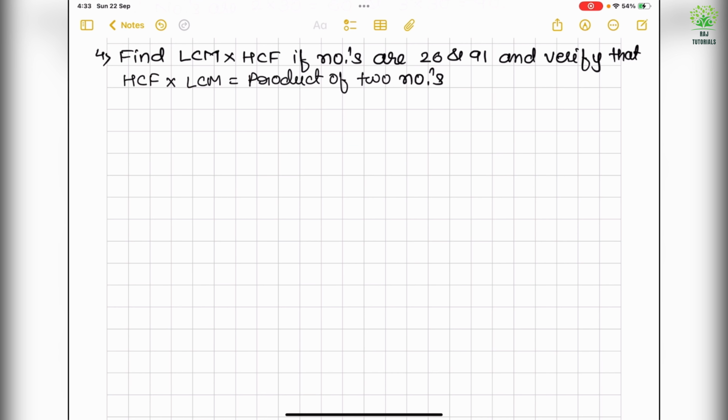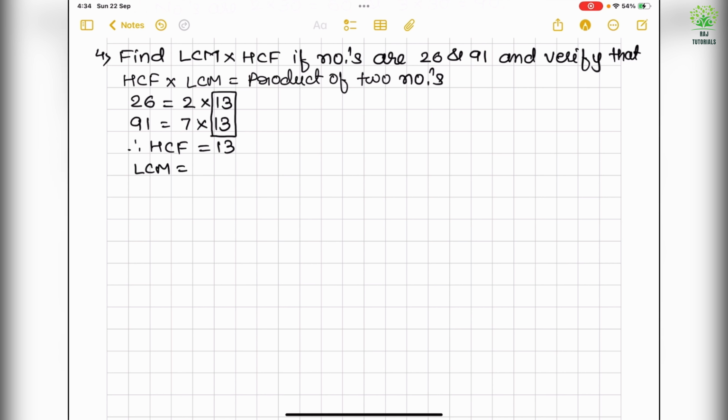Now the next question says find LCM and HCF if the numbers are 26 and 91 and verify that HCF into LCM equal to product of two numbers. So here if I find factors using prime factorization, I will get 26 as 2 into 13 and 91 will be 7 into 13. So I can say 13 is common in both.